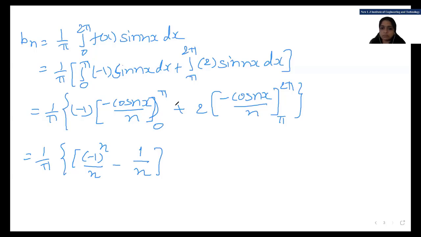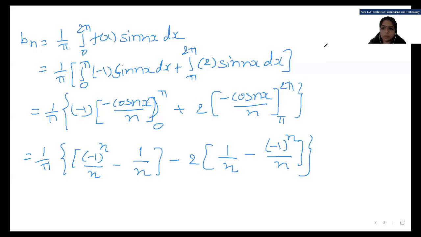Now plus minus is minus, so minus 2. If we apply the upper limit 2 pi in the x, then cos 2n pi gives the value 1, so 1 by n, and minus cos n pi, if we substitute pi in the place of x, cos n pi gives minus 1 raised to n upon n.